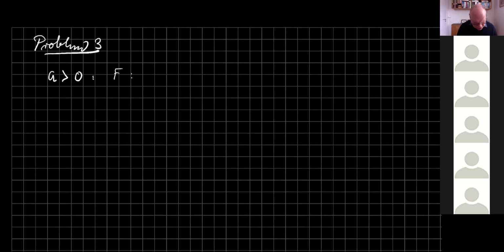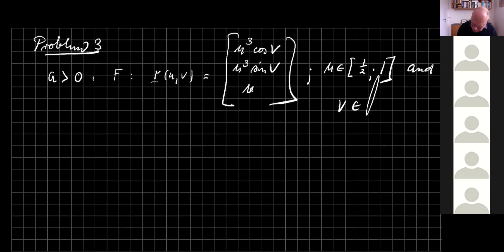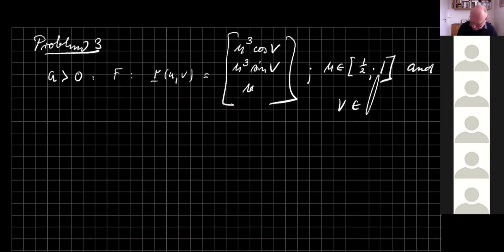And then we have this surface given by its parametric representation, which is u cubed times cosine v, then u cubed sine of v, and then u. u is in the interval from 1/2 to 1, and v is in the interval from 0 to a.